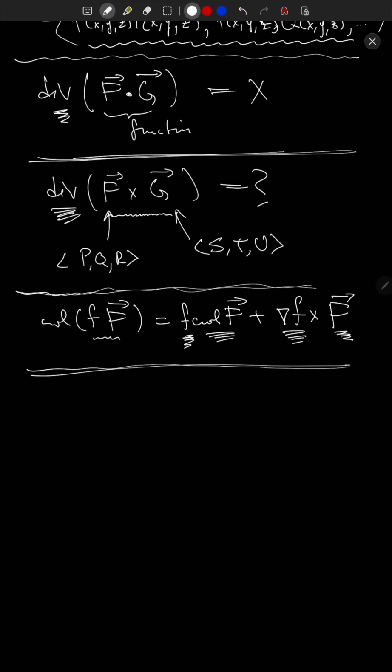So one thing to notice about the curl: we noticed last time that in 2 dimensions in the plane, when you take the curl, if that was 0, then you're conservative, right? Or that's the condition for being conservative in a simply connected domain. So now, same idea.